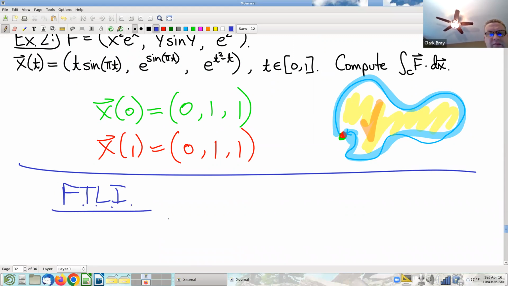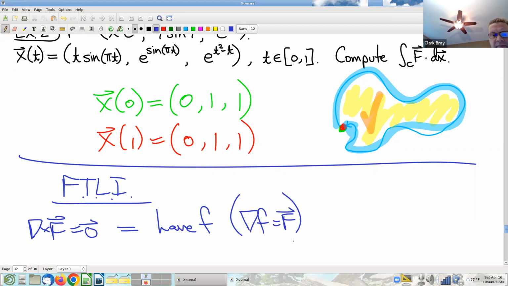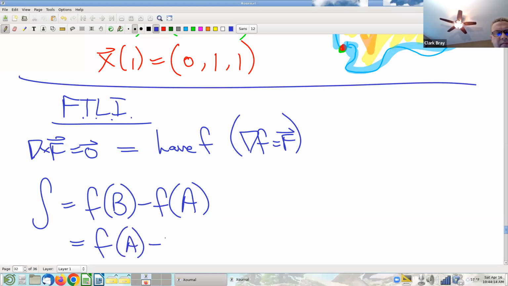The fundamental theorem of line integrals would say that curl is 0, and that implies that we have the anti-gradient, and so our integral is f of b minus f of a, which is f of a minus f of a, which is 0.